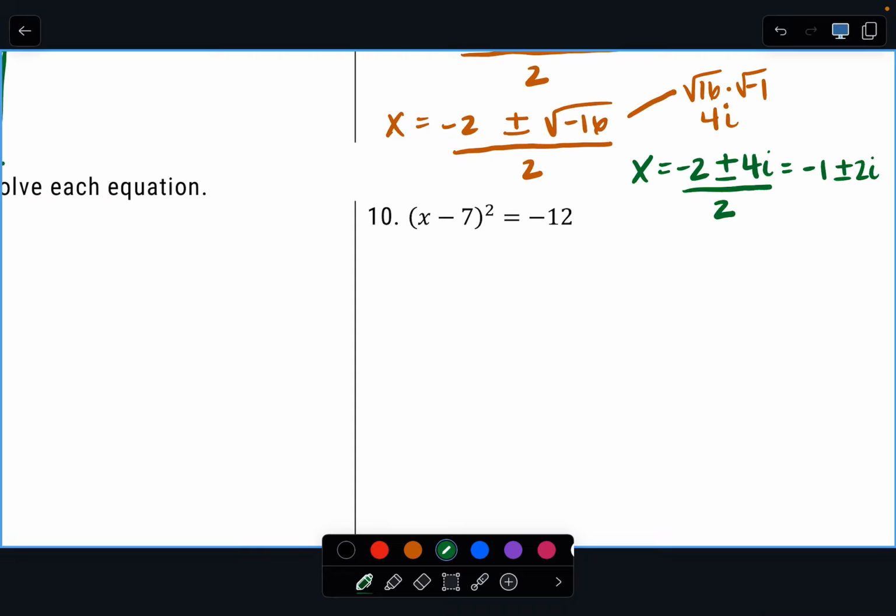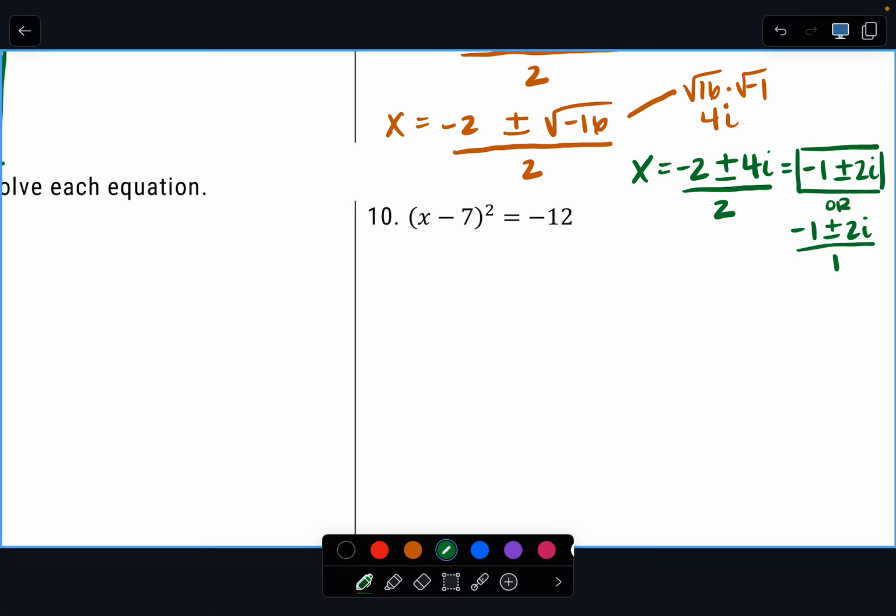Now, there's two options. If I divide it by 1, because that's 2 divided by 2, is it still just the same thing? Yeah. So you could leave it like this, and that would be perfectly fine because it's divided by 1. But if you want to write it as negative 1 plus or minus 2i all over 1, that's also an option.